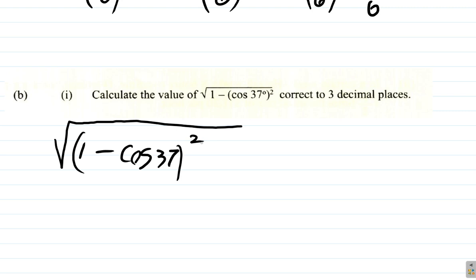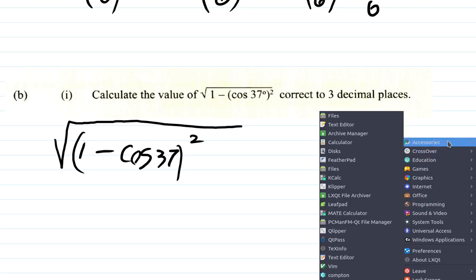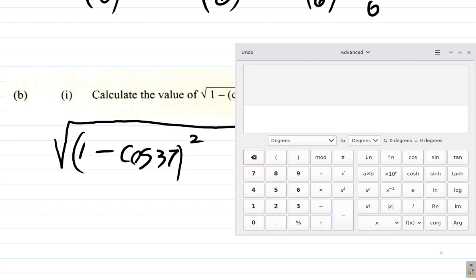Now, when you do that, you're going to find the cosine of 37 first. And remember, your calculator must be in degree mode because it's 37 degrees.